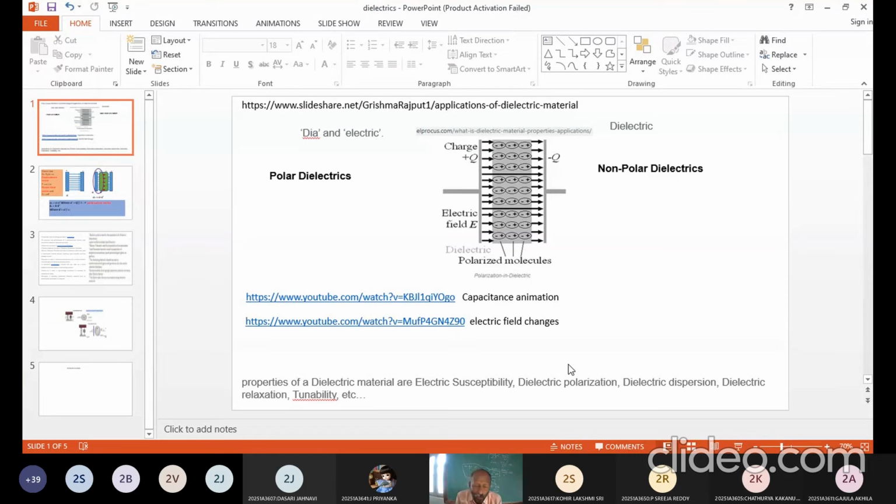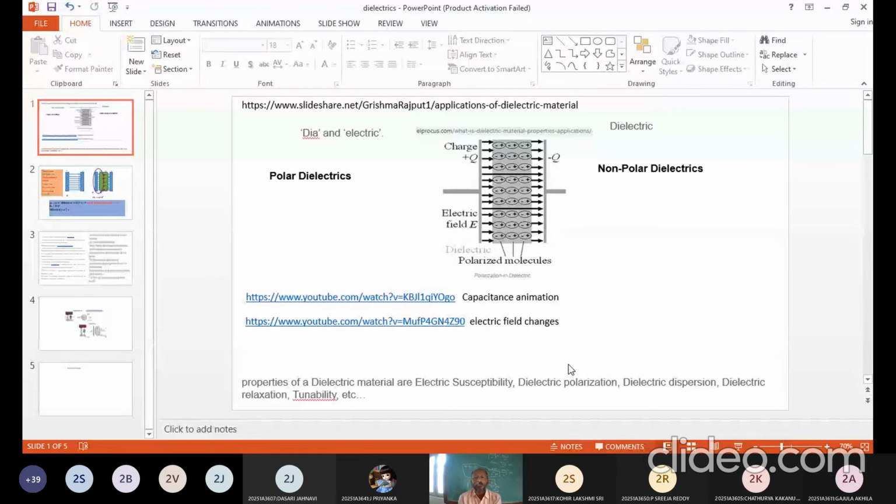Now what happens when you polarize? The negative charges of the material move to one side and the positive charges of the material move to the other side, in the opposite direction. When this happens, we say that the material is getting polarized.